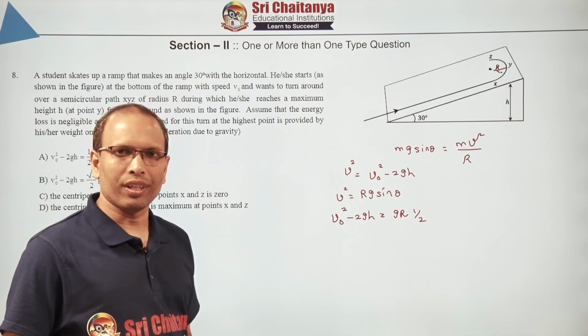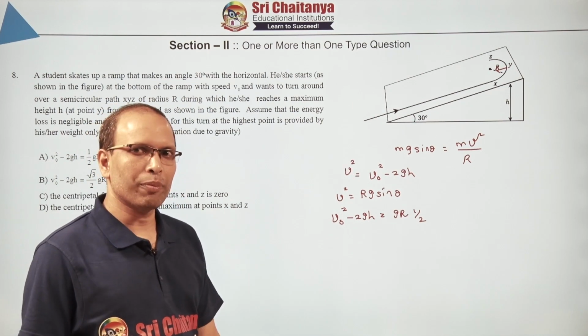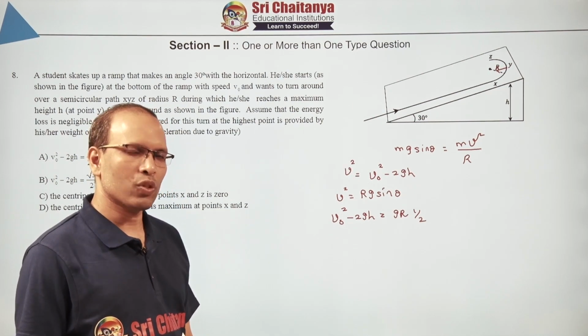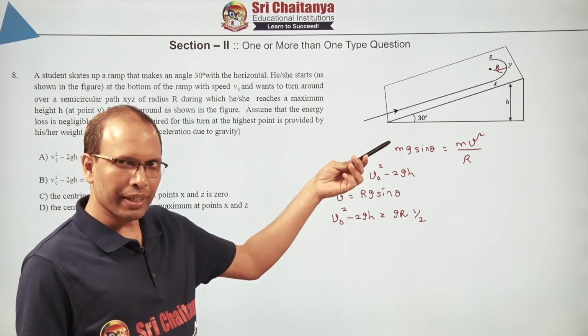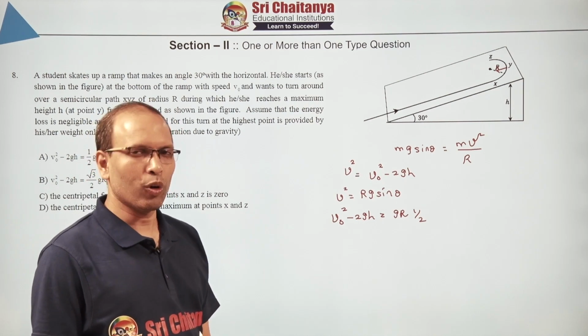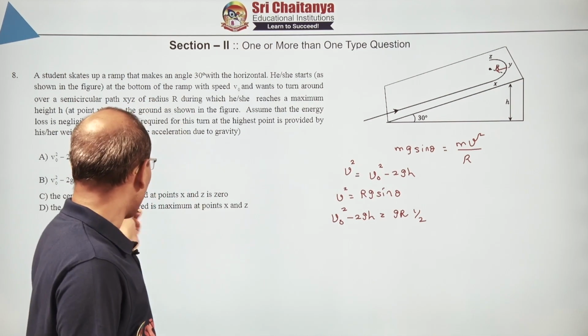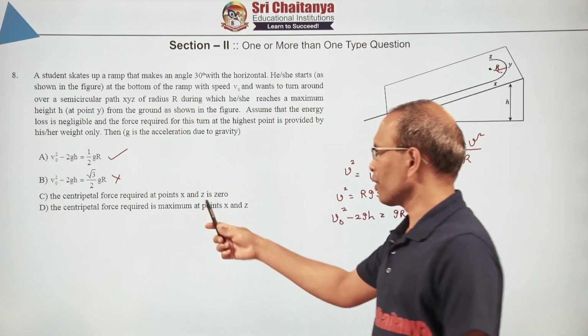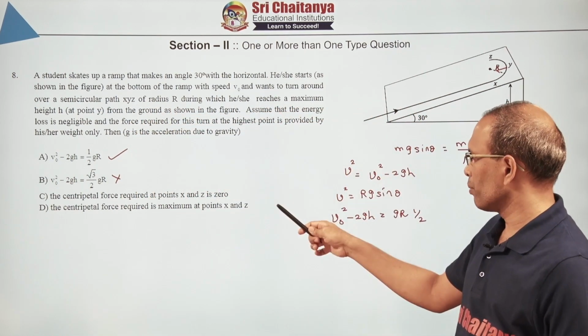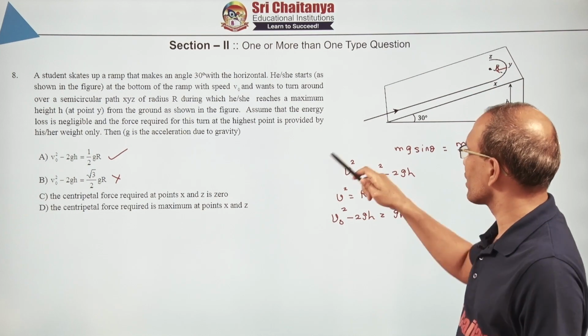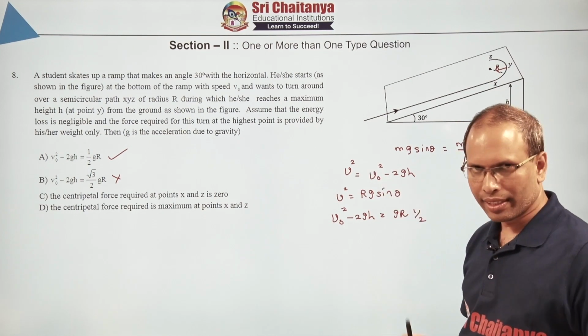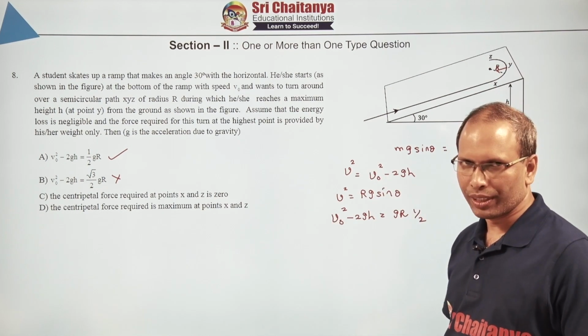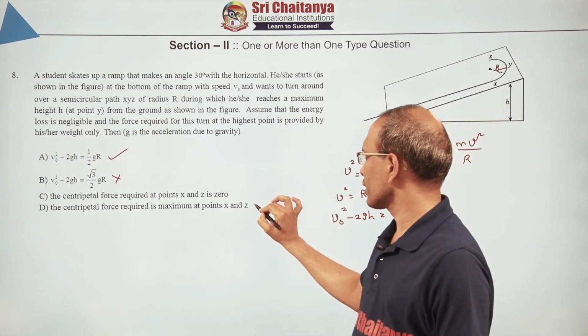As speed is more here, we can say centripetal force required is simply mv square by r. So more the speed, more the centripetal force required. Now what is the option asked? The centripetal force required is maximum at x and z compared to y. Yes, it's correct because the speed is more at this point. So option 4 is correct.